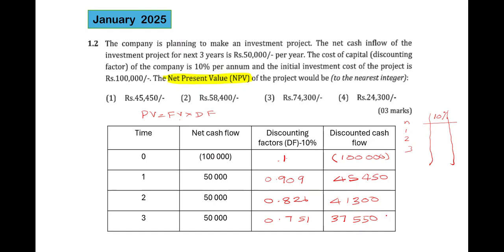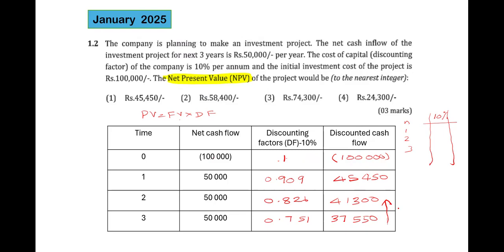Right. Now, after finding the discounted cash flows, we can add these values from top to bottom. Then you add 37,550 plus 41,300 plus 45,450, and subtract 100,000, the negative value.